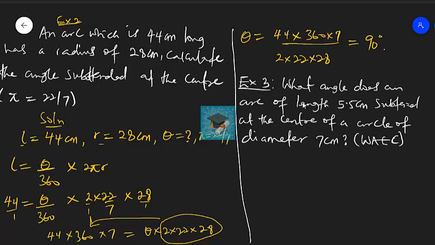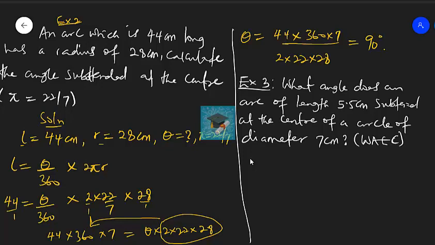So let's take the third example from a WAEC past question. It states: what angle does an arc of length 5.5 centimeters subtend at the center of a circle of diameter 7 centimeters? So from this question, we know our length of arc to be 5.5 centimeters.